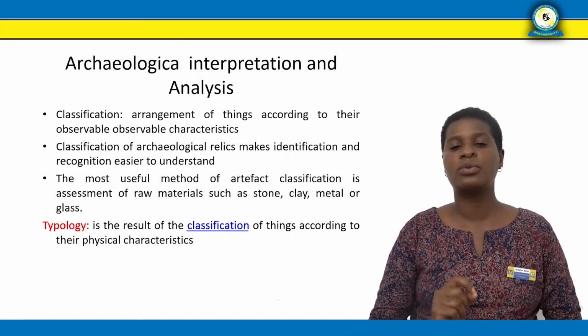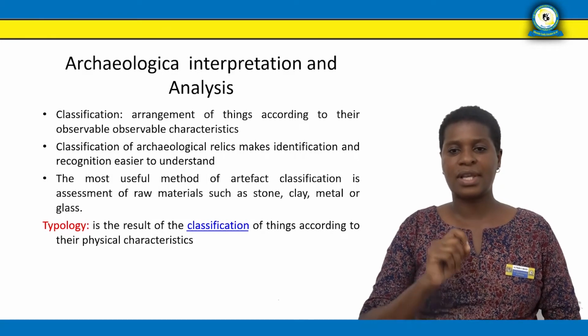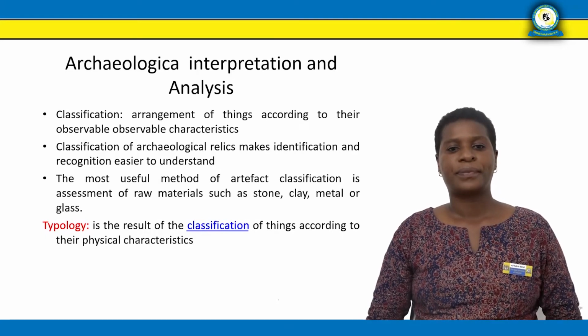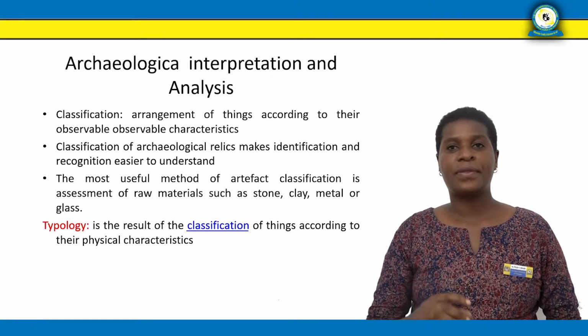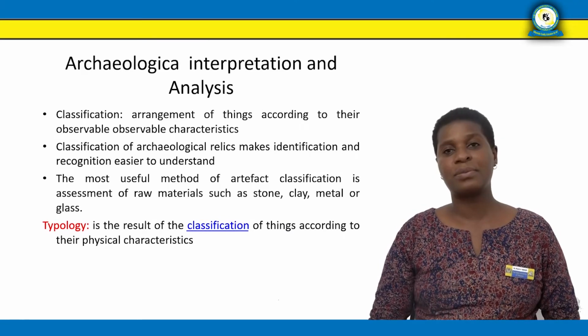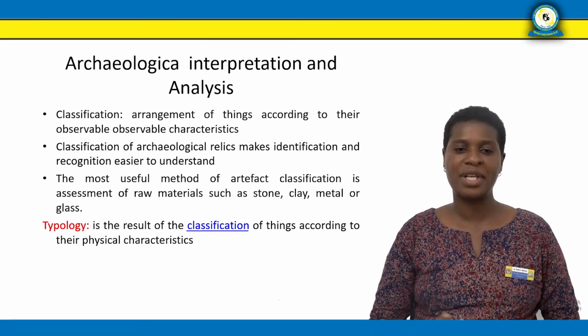So that's the first thing to do when you are doing a classification: arrangement of things according to their observable characteristics. And through doing that, you can make identification of those materials easier to understand than when they are mixed up.